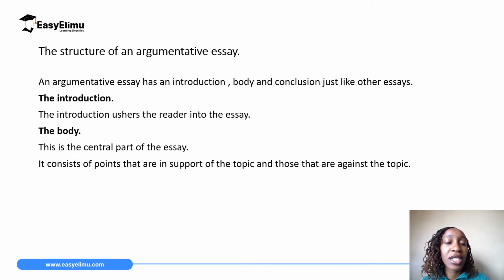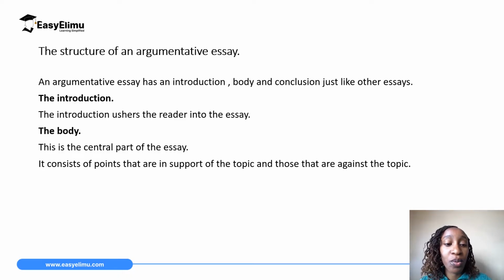So what does the structure of an argumentative essay look like? Just like any other essay, it has an introduction, a body, and a conclusion. The introduction is the part of the essay that ushers us as readers into the essay. So that is the introductory sentence, the introductory paragraph.